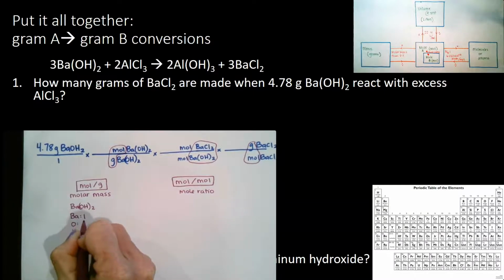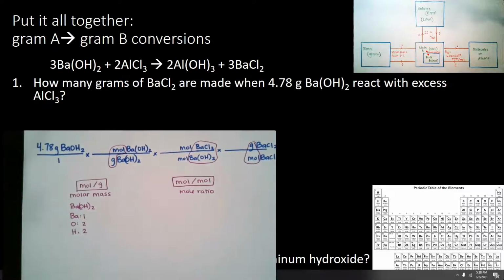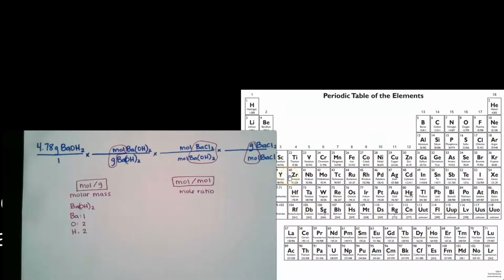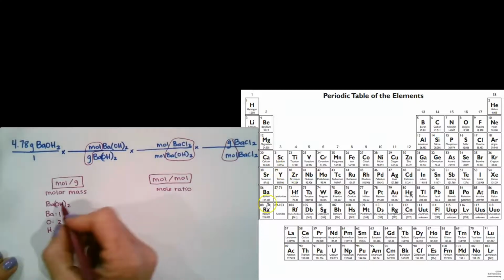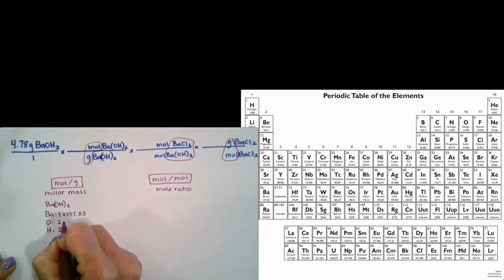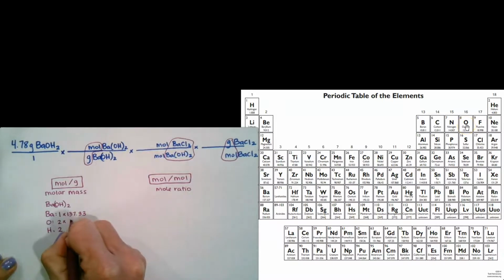Remember that the 2 distributes in, so that's how we know the numbers. To find the individual values for these, we are going to look at Ba, which is over here, 137.33, O, which is 16.00, and H, which is 1.01.